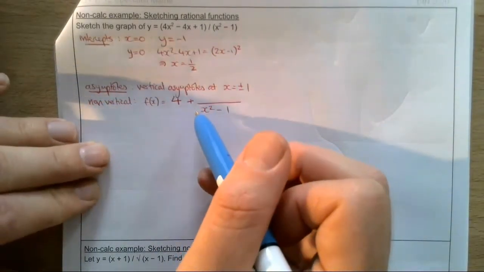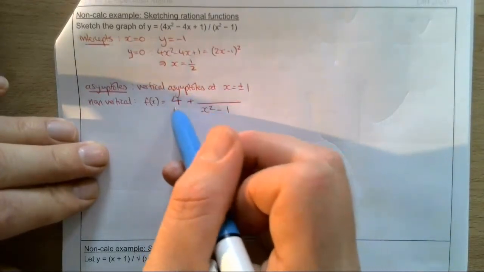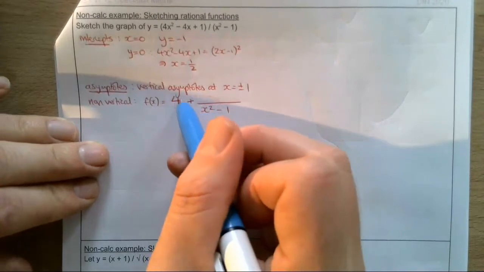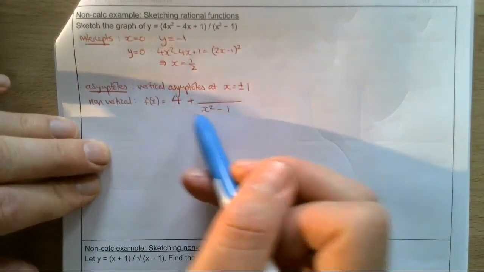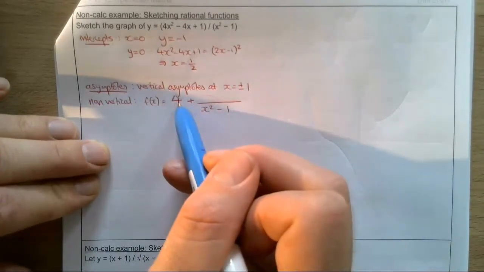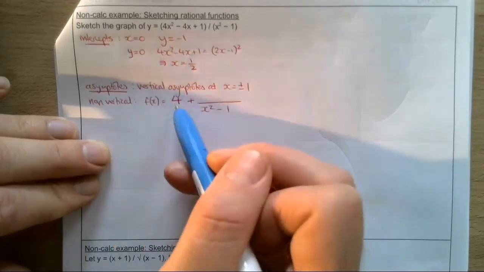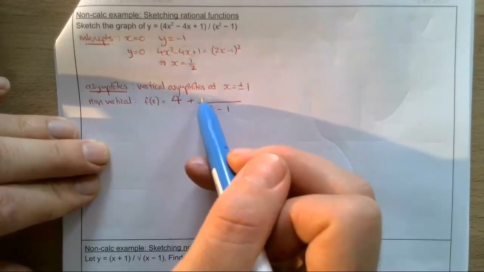And a little bit of a shortcut here. If I were to look at what I've got here and to try and represent it all over a denominator of x squared minus 1, I would multiply 4 by x squared minus 1. The 4x squared term will match, that's what we were expecting, but then I'm also going to get a minus 4.